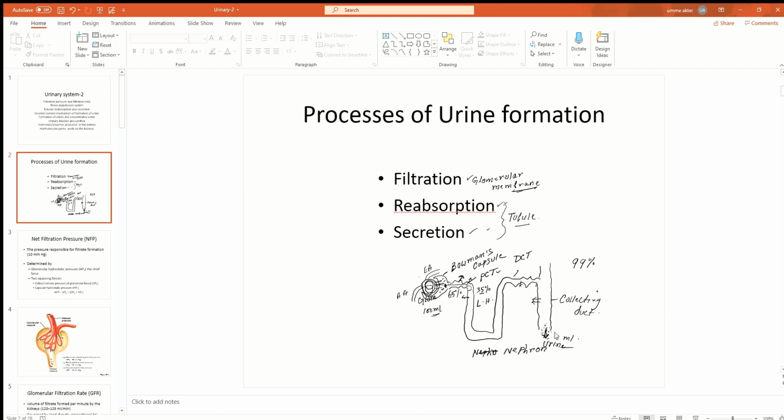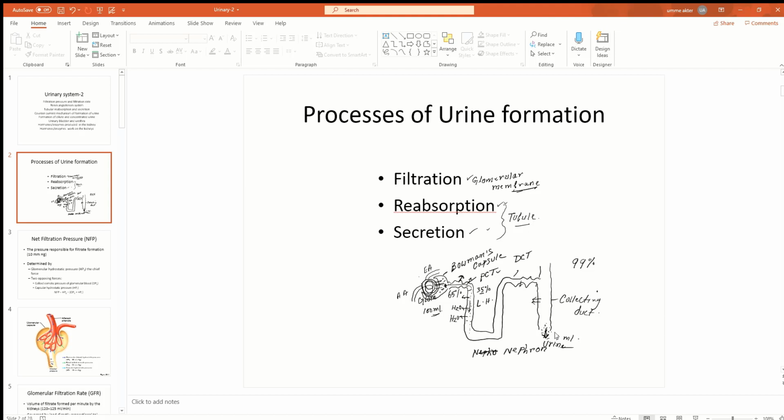Okay, then that fluid starts to move downwards through the descending limb of loop of Henle. Okay, so this is the descending limb. So fluid goes downwards through the descending limb, and through the wall of descending limb, water is reabsorbed, and this part is only allowing the water to get out.